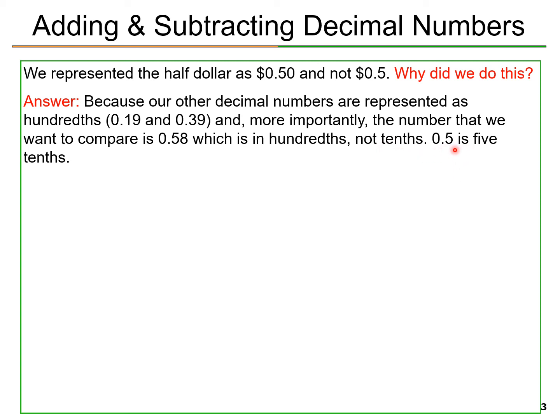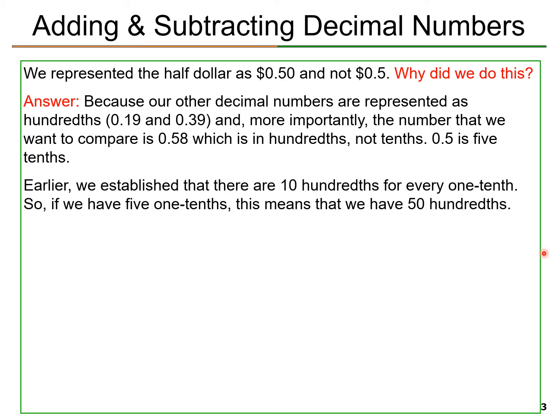So we want to write 5 tenths as its hundredths equivalent, which is 0.50. Now 0.50 has the same value as 0.5, but they are just represented differently. Again, we want to use this representation because the other numbers that we're dealing with are represented in the hundredths place.